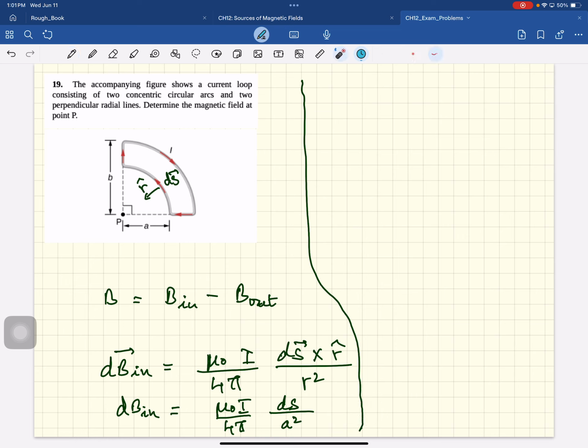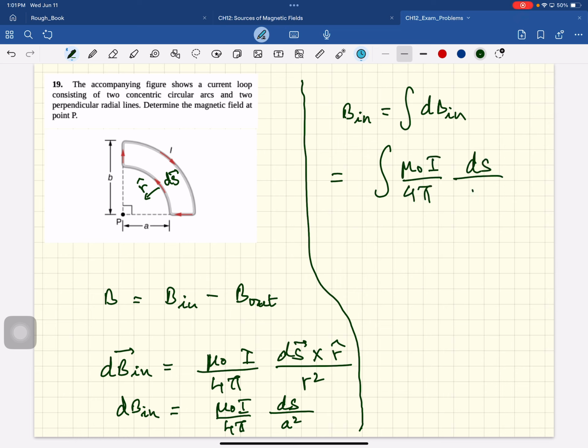All right, so we found the field due to this element. Now we want to find the field due to this entire arc, so we just integrate that. The field due to the inner arc is dB inner equal to mu naught I over 4 pi, ds over a squared.